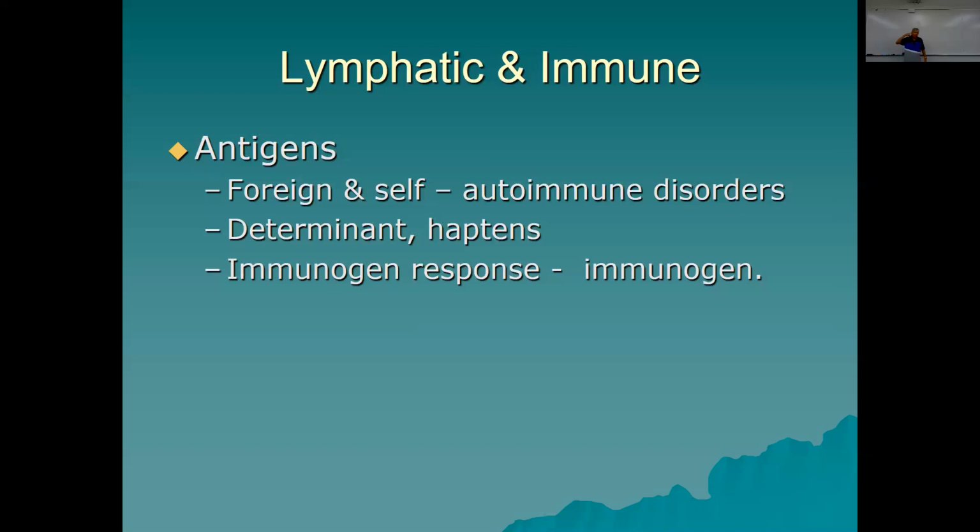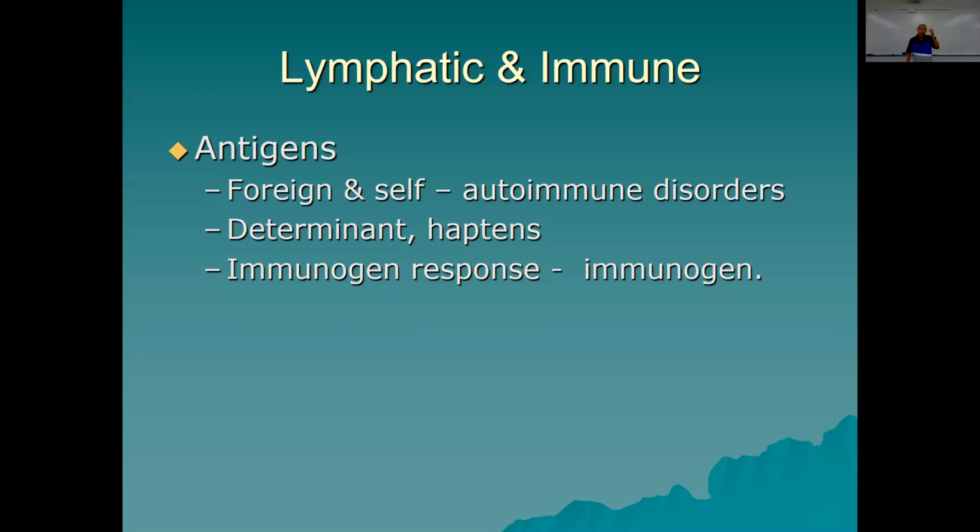You don't have to worry too much about this. A determinant is the part of the protein that your immune system actually recognizes. And there are some small molecules called haptens that are actually smaller than proteins that are antigenic. Like I said, most things that your immune system attacks are proteins, but there are sometimes other ones, like poison ivy, for example.